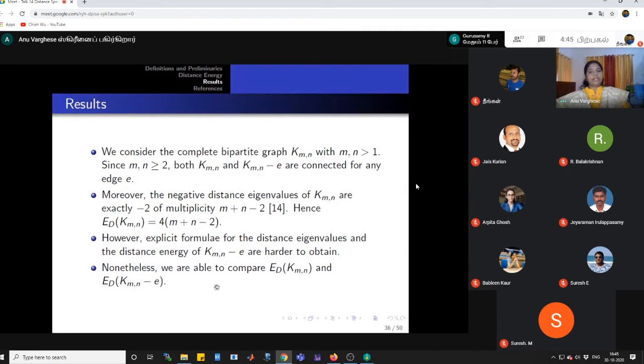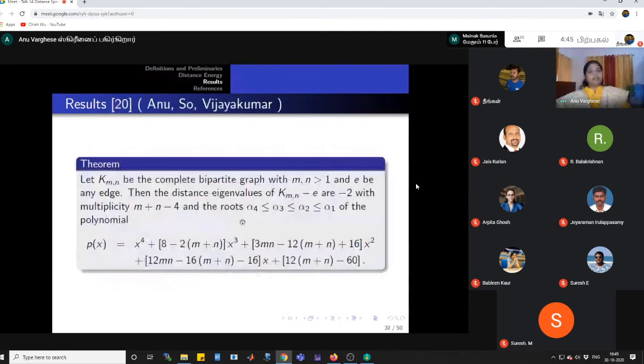But we compared the distance energies of Kmn and Kmn minus e. The distance eigenvalues of Kmn minus e are minus 2 with multiplicity m plus n minus 4 and 4 other roots which are unknown, and these roots are exactly the solutions of this polynomial p of x.